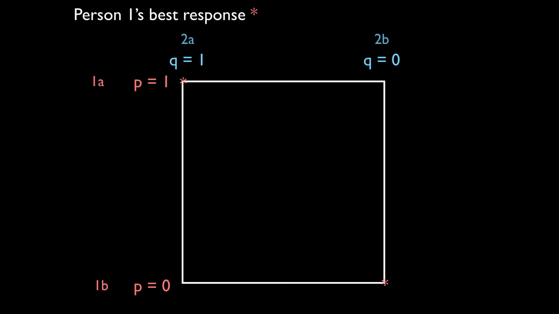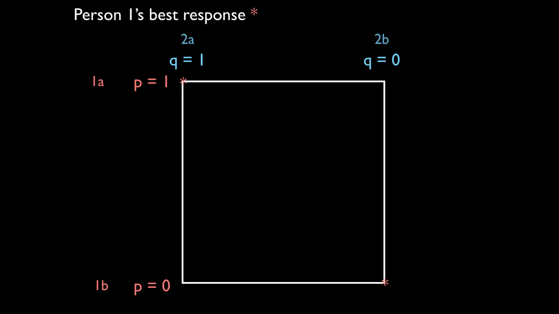Okay, so we're going to figure that out. Let's do some math here. What we do is an expected utility calculation, expected value calculation. So this is person 1's expected value from playing A. If person 1 plays A, 1 is getting sometimes a 4 and sometimes a 0. With what probability is person 1 getting the 4? Q, right?